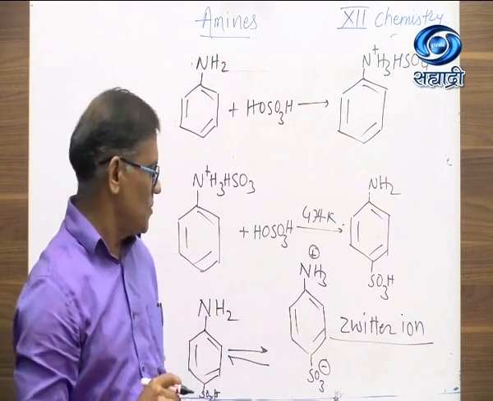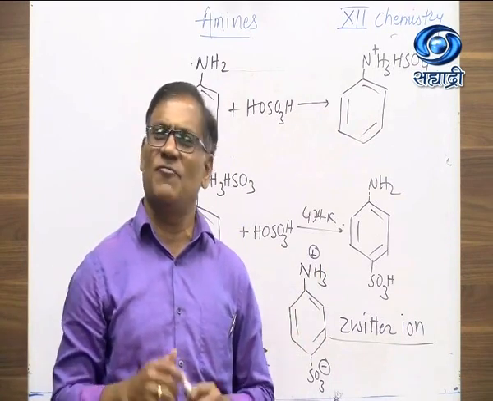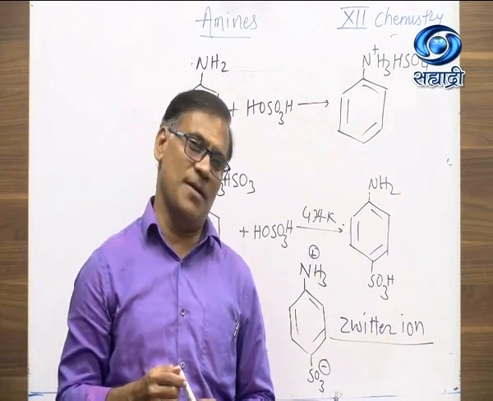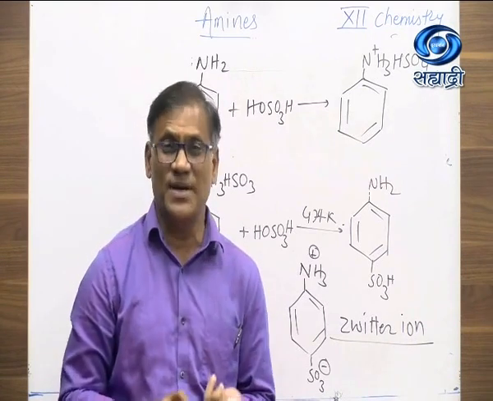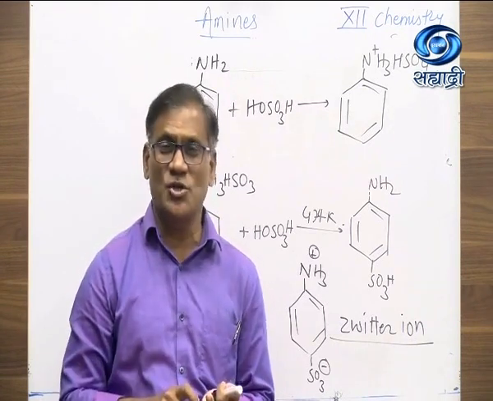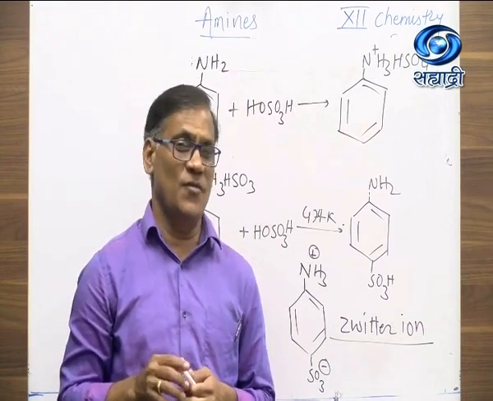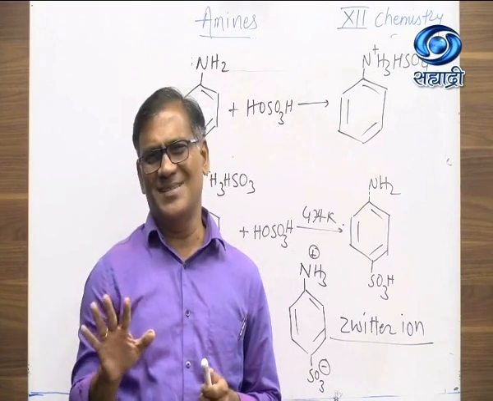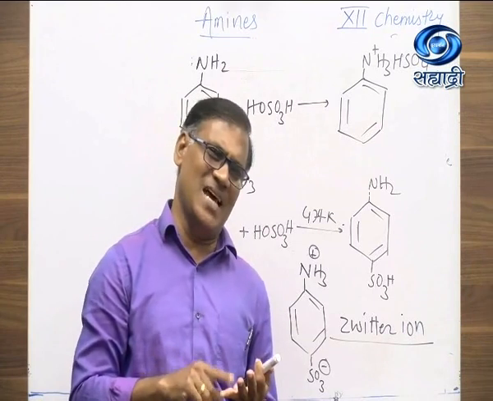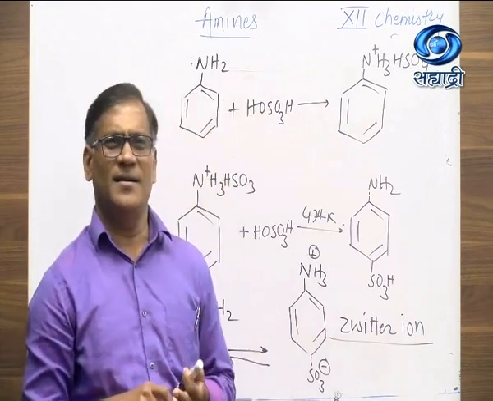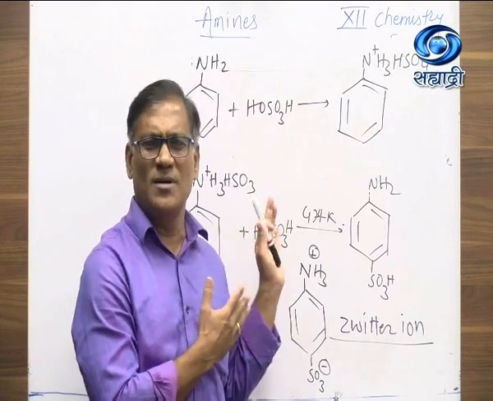So my dear students, we have finished this 9th and last reaction of amines, and with this we have finished the chapter on amines, in which we studied the introductory part, definitions, classifications, nomenclature, 4 preparation methods, and a total of 9 reactions. Out of these 9 reactions, 1 is from quaternary ammonium salt, 1 is from the benzene diazonium chloride reaction, and 1 is the electrophilic substitution reaction.